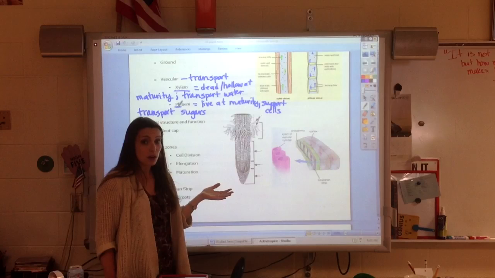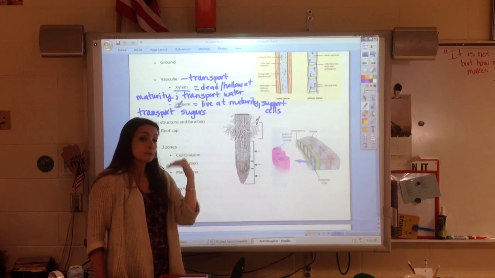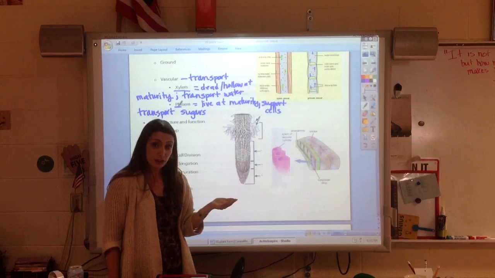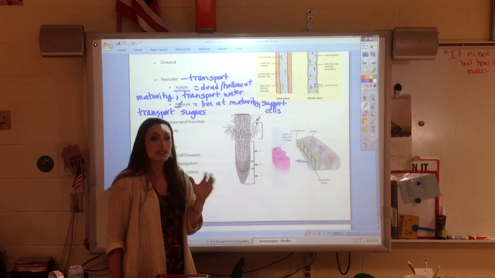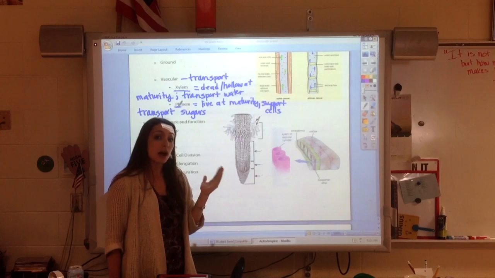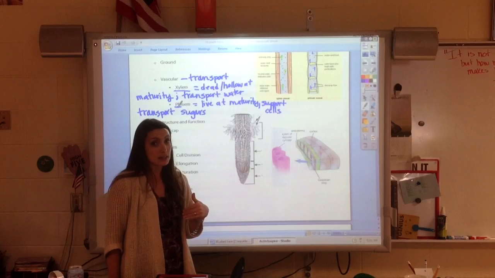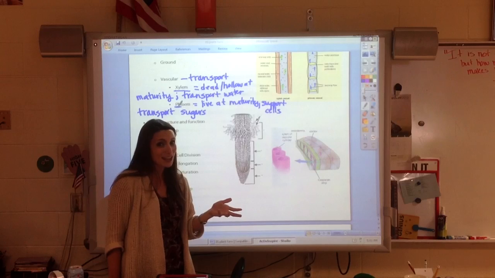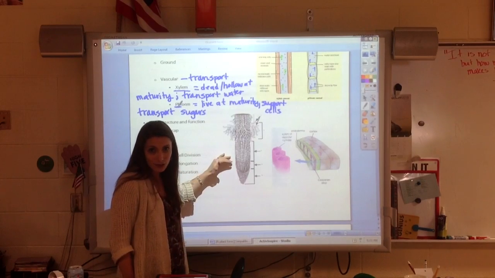If I'm a potato, what I'm actually doing is collecting energy from the sun, using the electron's energy to create a hydrogen ion gradient, using that hydrogen ion gradient to produce ATP, I'm also using that electron that I harvested from water to create NADPH, the electron carrier, and ATP and NADPH will then be used to fix carbon dioxide during the Calvin cycle. But that doesn't happen in the roots.